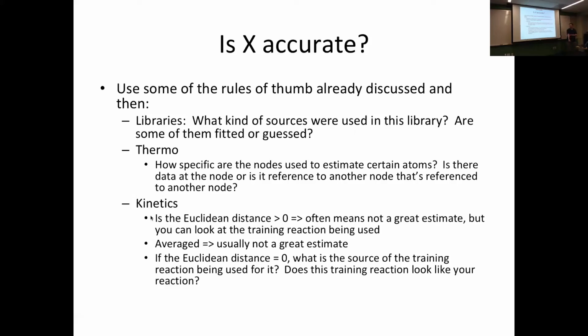In general, I think we just changed all the rank stuff, but if it's CBS-QB3 or coupled cluster or experiment or better than that, and it looks a lot like your training reaction, you're probably in good shape. If it's an estimate, you should be worried. The important thing to remember is sometimes you'll get Euclidean distance equals 0, but the training reaction that's matching isn't a very good estimate of what it actually is. That's the takeaway from that part.